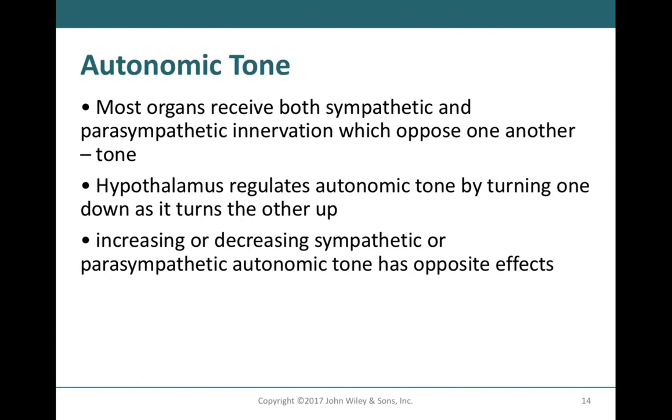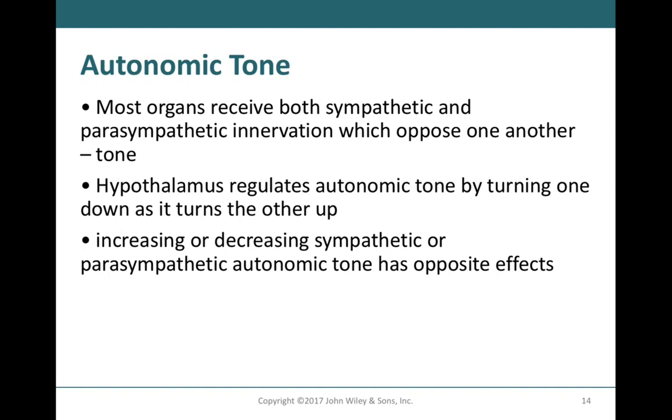So what this bullet point is stating is that when sympathetic innervation increases, that's going to overall increase our body's activity. And when parasympathetic innervation increases, that's going to overall decrease our body's activity. But there's a little bit more to this bullet than just stating that sympathetic innervation increases body activity and parasympathetic innervation decreases body activity.